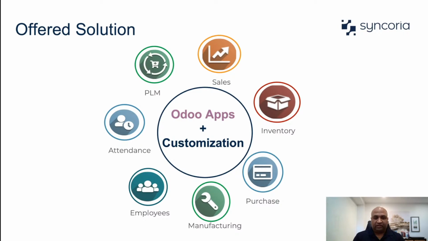The codes and the design requirements remain the same. So we needed a way to control the version of the design and the design materials. So that's why we use PLM. Sales, inventory, manufacturing are obvious choices, and purchase.